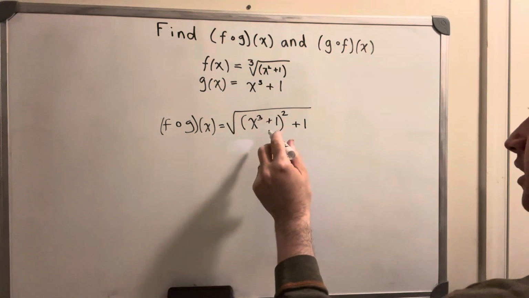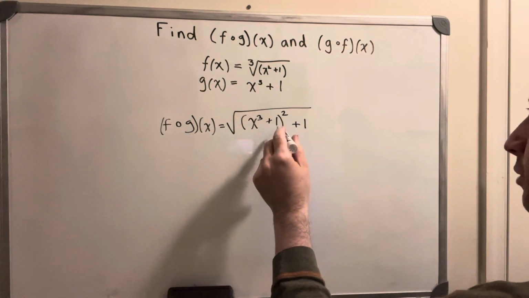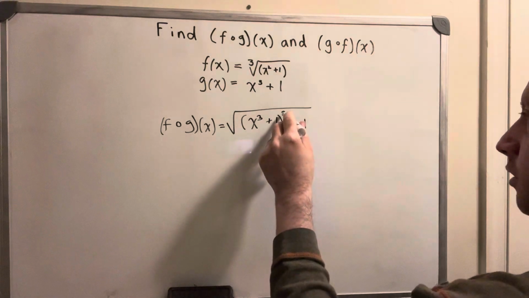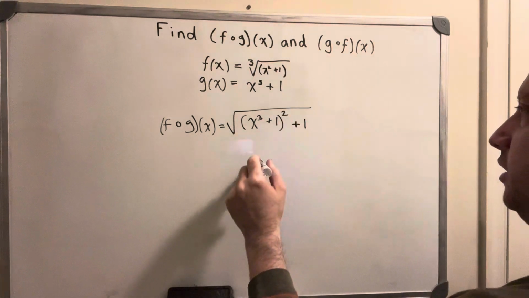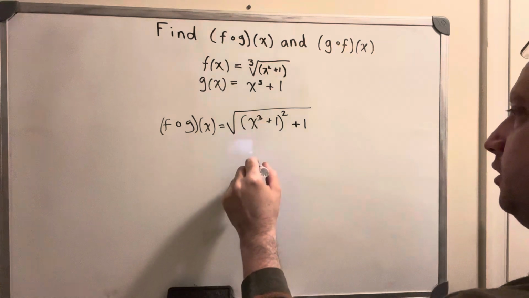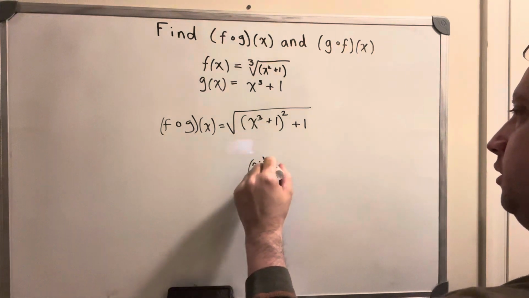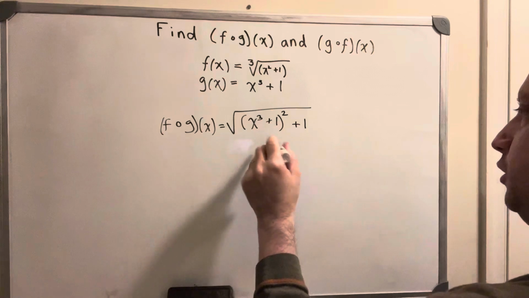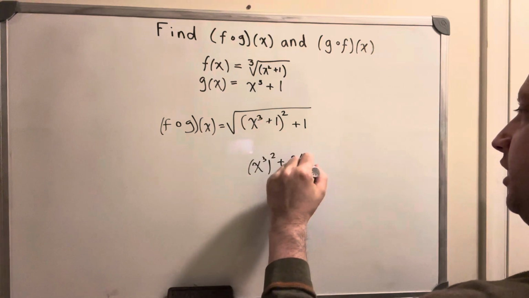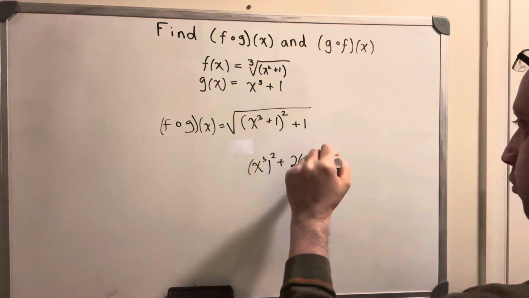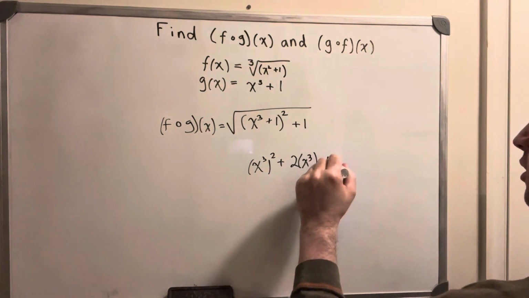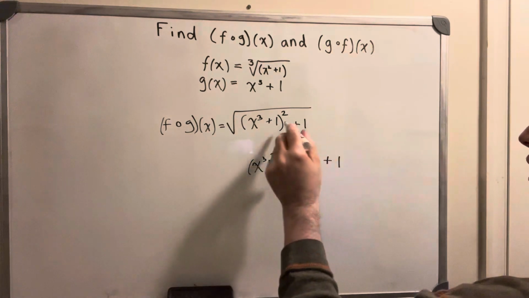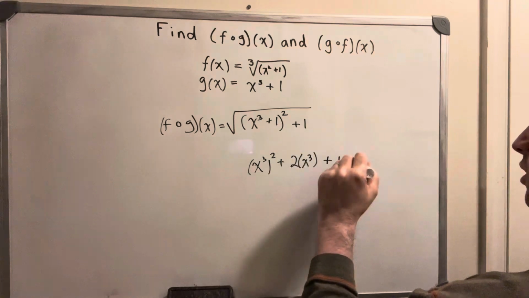Now we'll see if I can simplify it, or if it's just better left. You know the binomial theorem, x squared is this squared, so x cubed squared plus 2, x cubed times 1 is 1, plus 1, and then this plus 1 is plus 1.